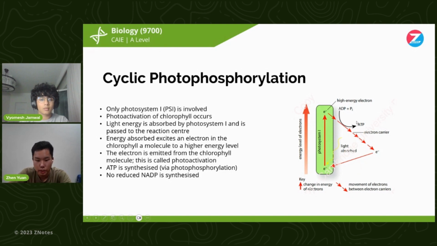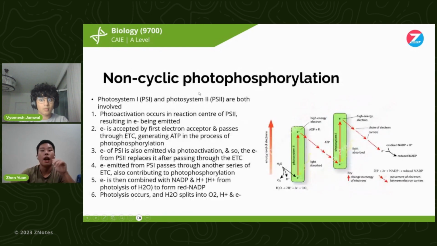And in that entire process, your ATP will be synthesized by photophosphorylation, or in other words, chemiosmosis, as was mentioned in the previous slide. But in this case, no reduced NADP is synthesized, which is exactly the very point that separates your cyclic photophosphorylation and your next slide, non-cyclic photophosphorylation.